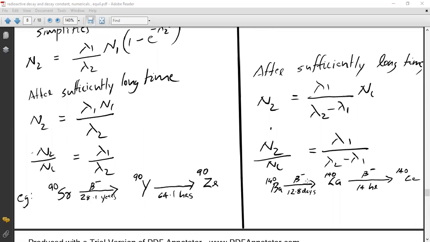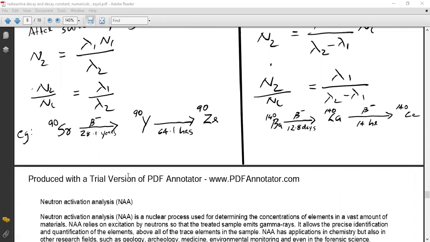That is the difference between transient and secular equilibrium. Take the case of strontium-90, with a half-life of 28.1 years, and the case of barium with 12.8 days and 64.1 hours. That is the condition for transient and secular equilibrium.